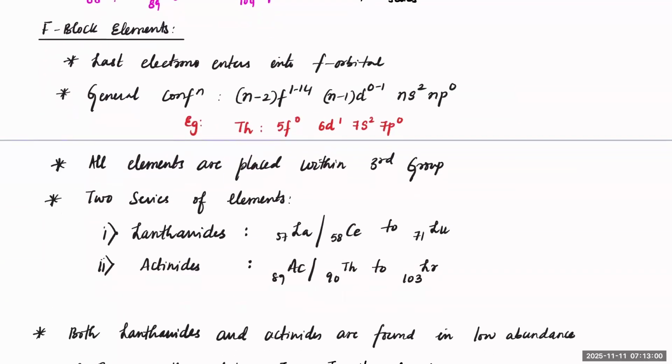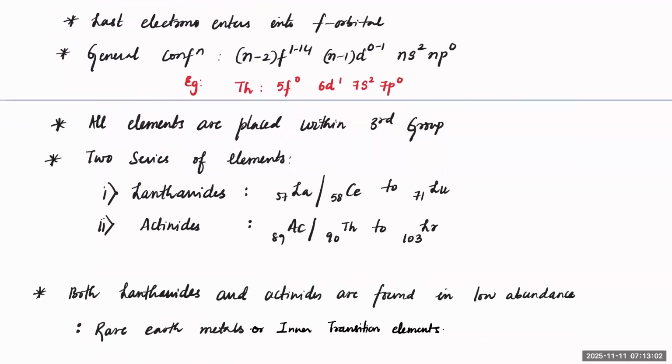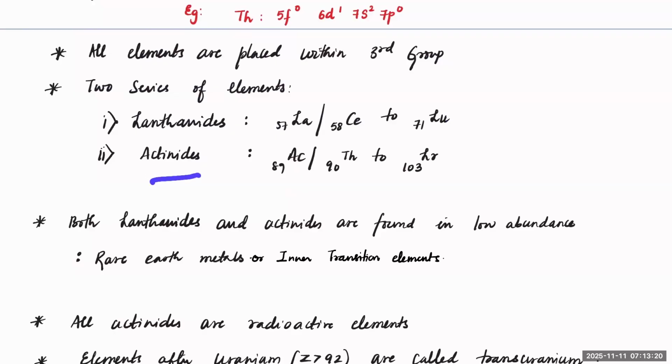Next, you see, all the elements are placed within the third group. Two series of elements are present, lanthanides and actinoids. That includes lanthanum 57, cerium 58, and lutetium 71. Actinoids, you notice, go from thorium towards lawrencium.